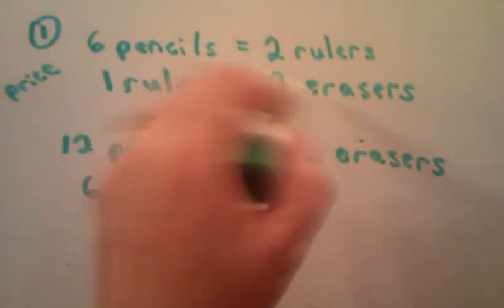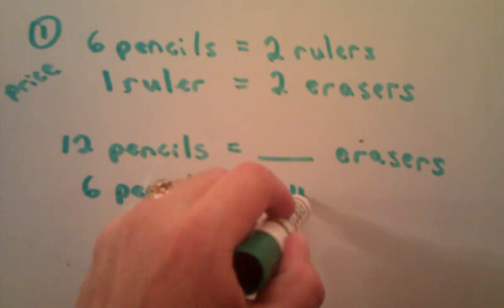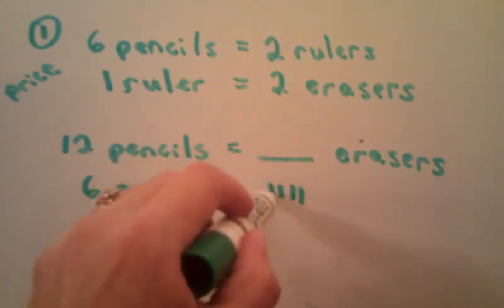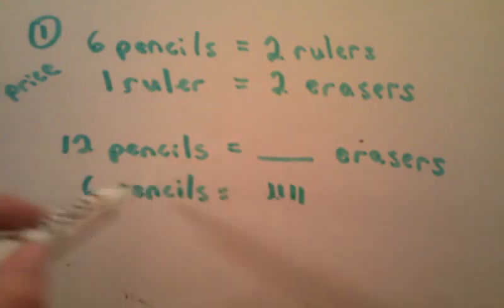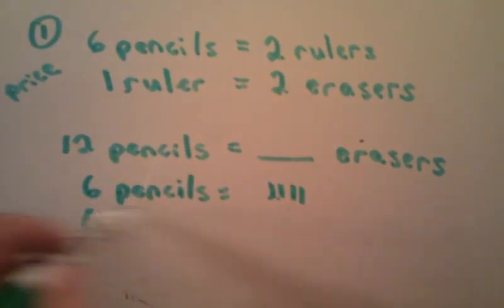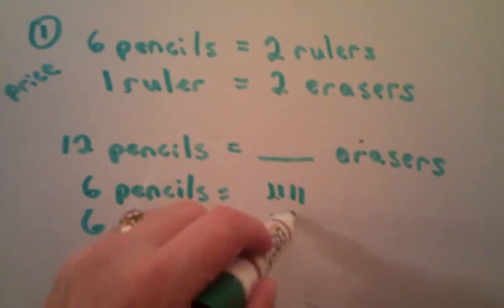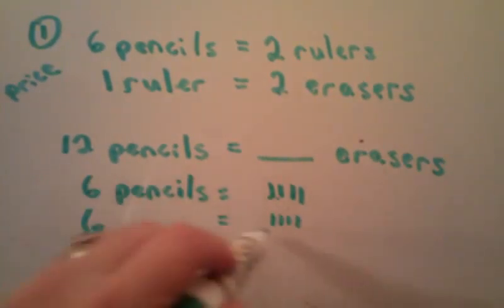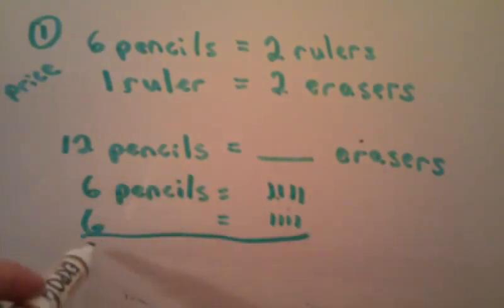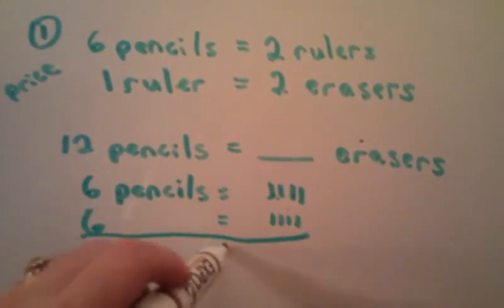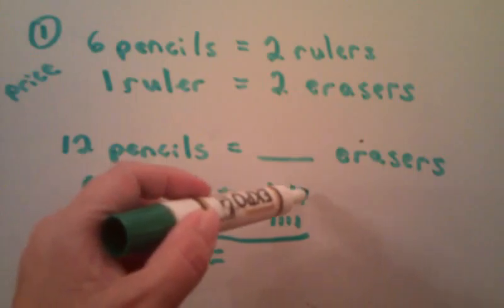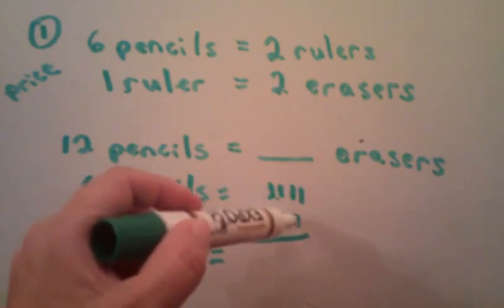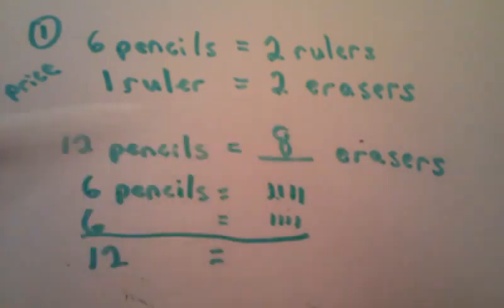So the second ruler is 2 more erasers. Okay, so 6 pencils equals 1, 2, 3, 4 erasers. So 6 more pencils equals 4 more erasers. Okay, so let's look. Now we have 12 pencils equals how many erasers? Let's count them. 1, 2, 3, 4, 5, 6, 7, 8. So you should have come up with 8.